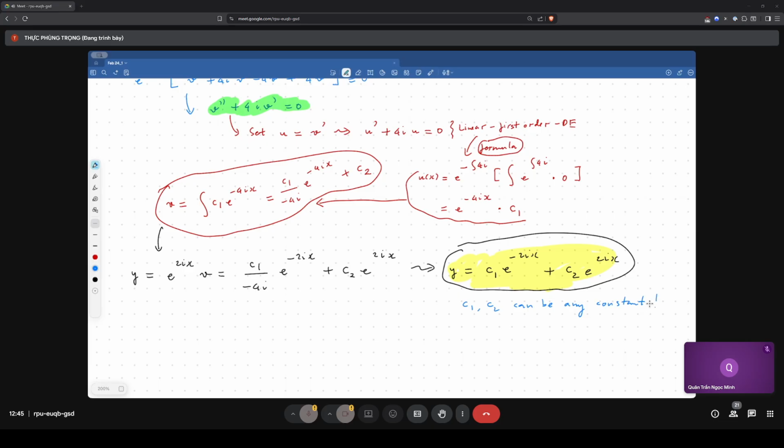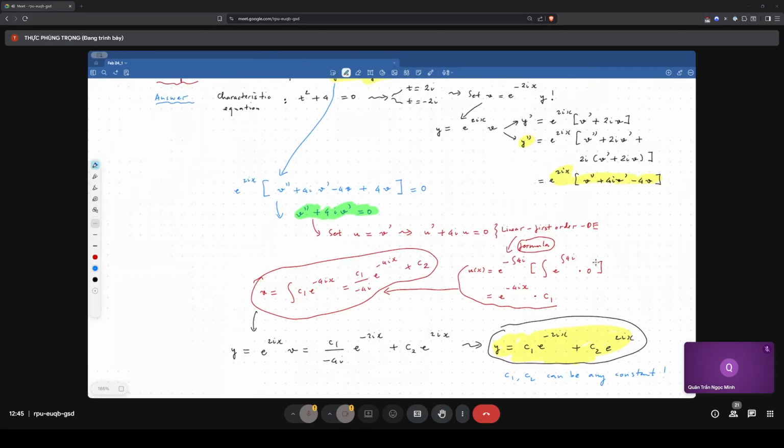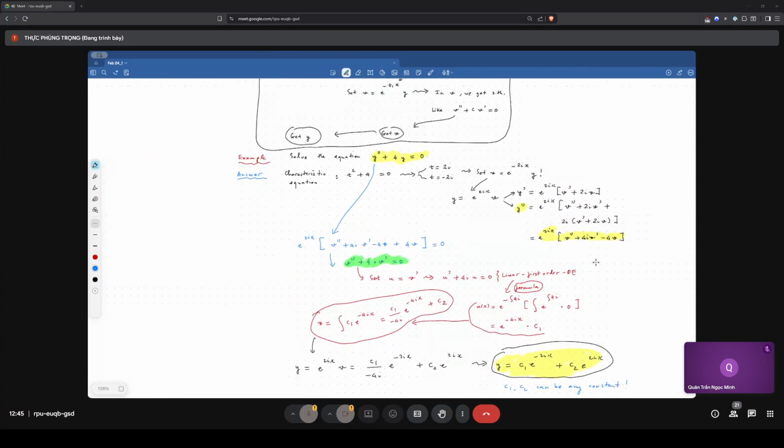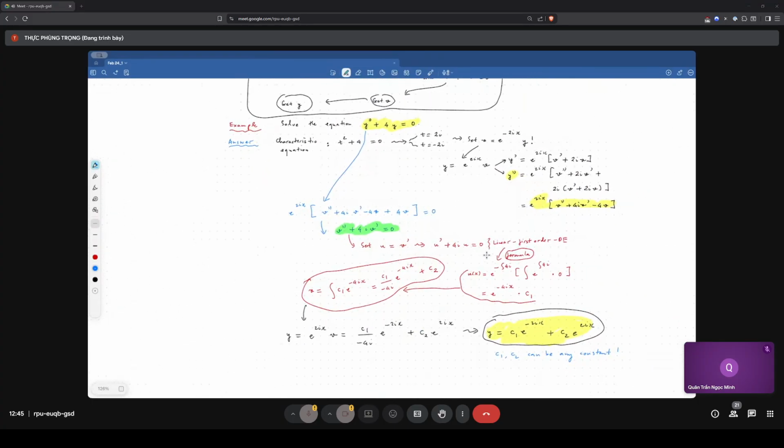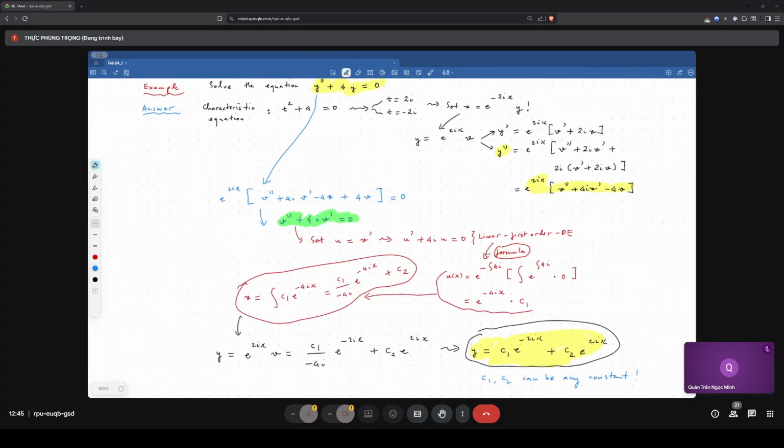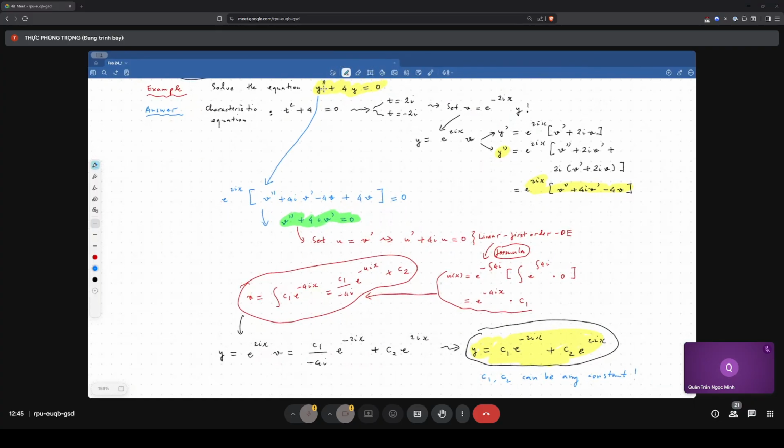It means that when you solve this equation, you have how many solutions? When you solve this equation, you have infinitely many solutions, because C1 and C2 can be any number. But all solutions you have should be given in this form.